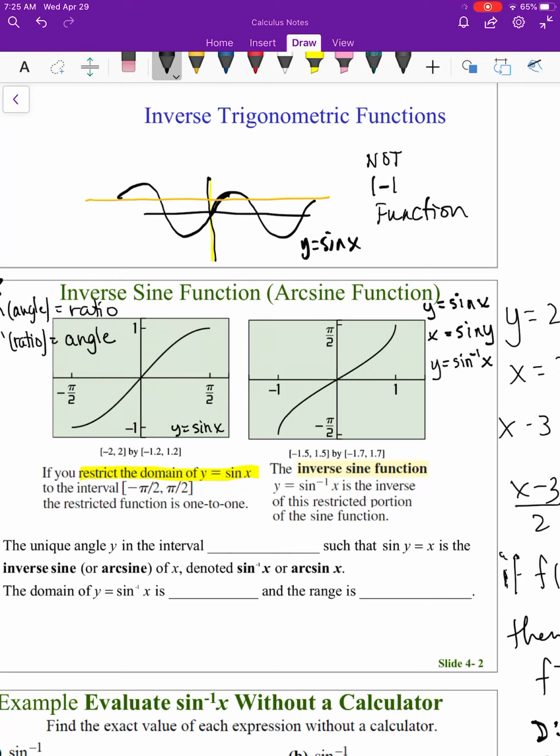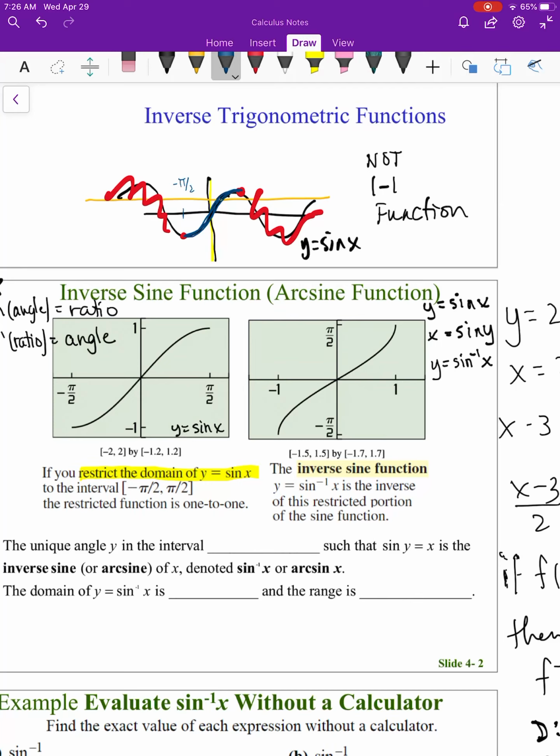Okay, this function, y equals the sine of x, is not one-to-one. The only way we can find an inverse is if we restrict the domain. So what they do is they decide, I'm going to take the function from here to here, and I'm going to throw out everything else. And do you see how at that point you only have here to here, and it passes the horizontal line test?